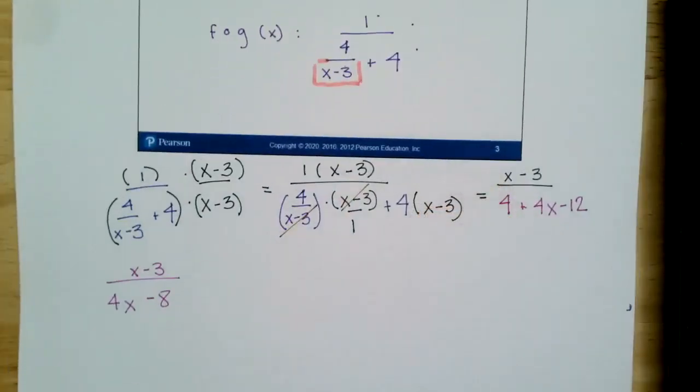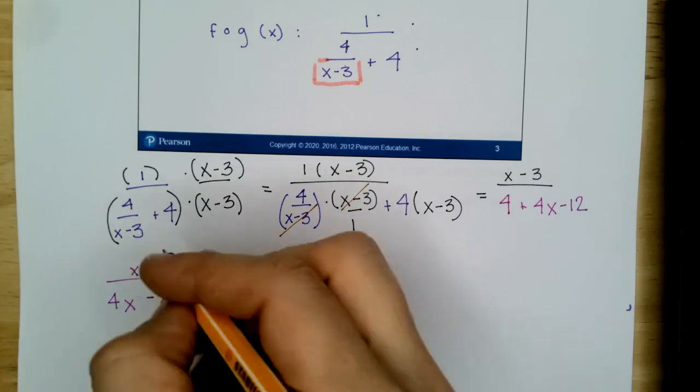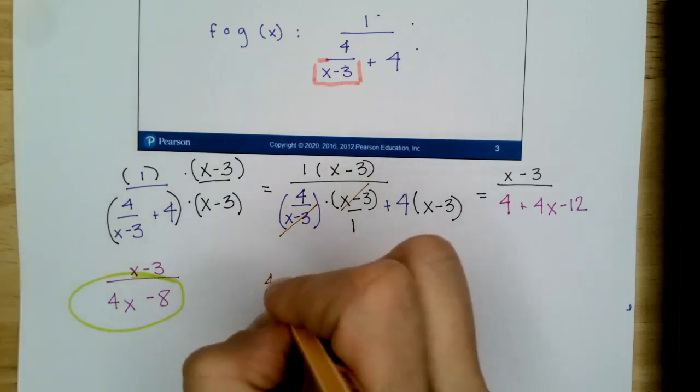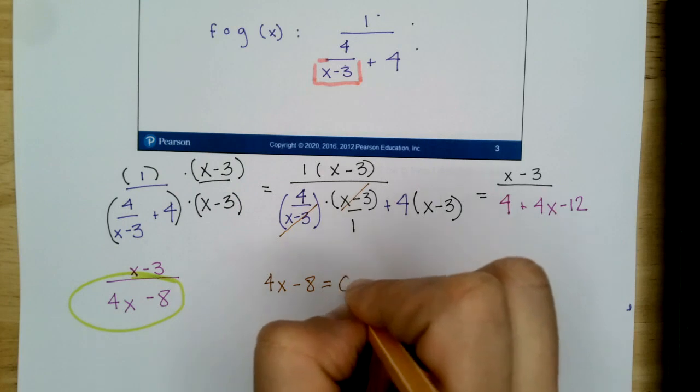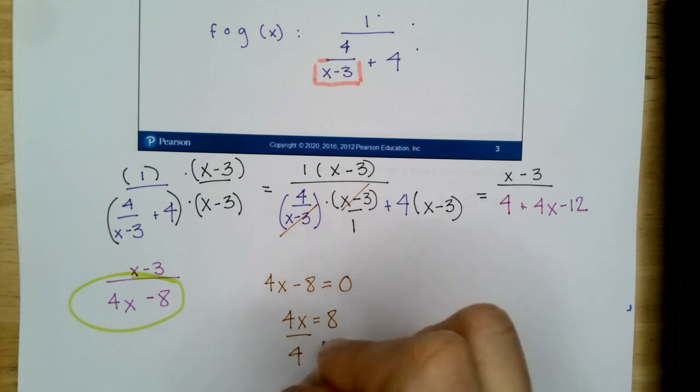but it asks us to find the domain. So what value can be multiplied by 4 and then have 8 subtracted from it and equal 0? What value can equal 0 if I multiply it by 4 and subtract 8 from it, right? So take your denominator and set it equal to 0, and solve for x.